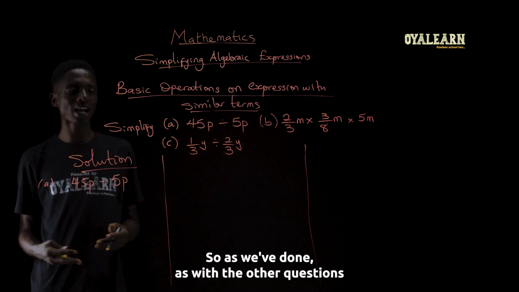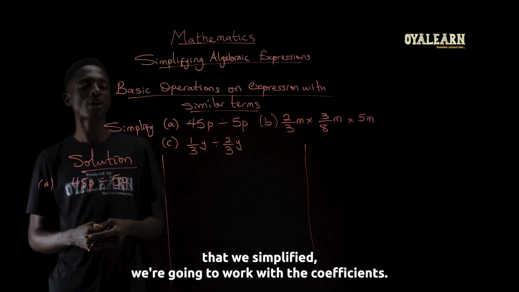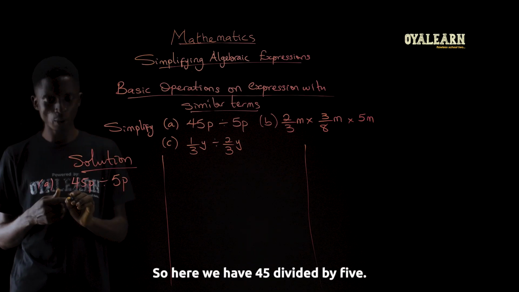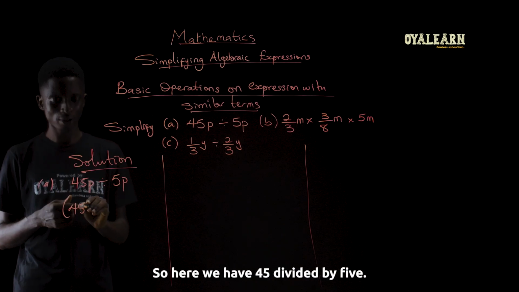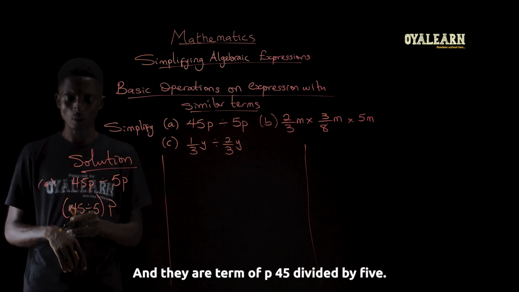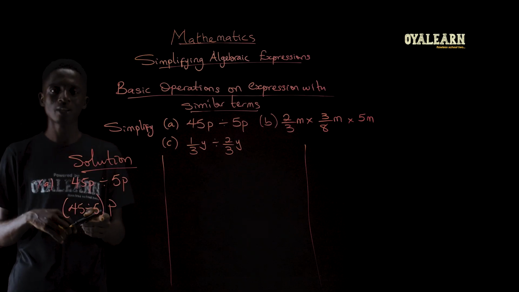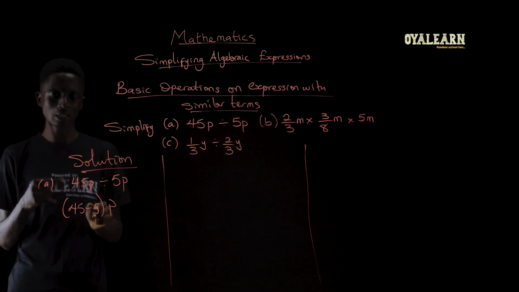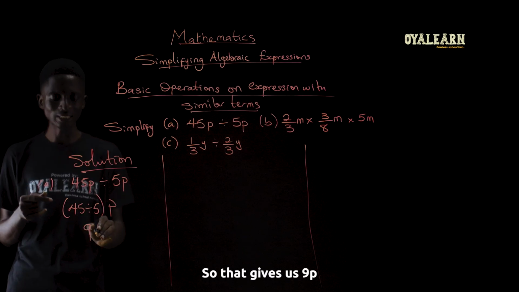So as we've done with the other questions that we simplified, we're going to work with the coefficients. So here we have 45 divided by 5, and they are terms of p. 45 divided by 5 goes in 45 in 9 places. So that gives us 9p.